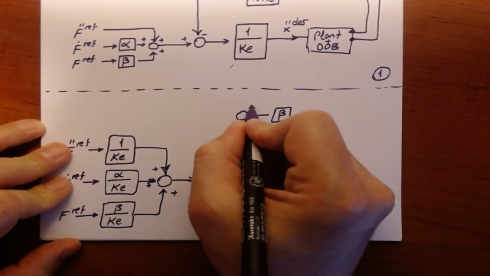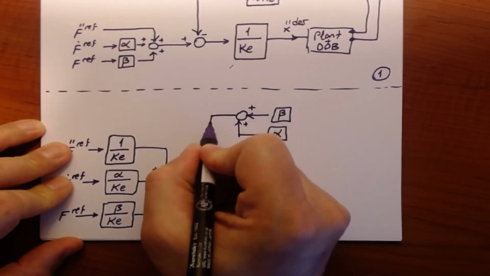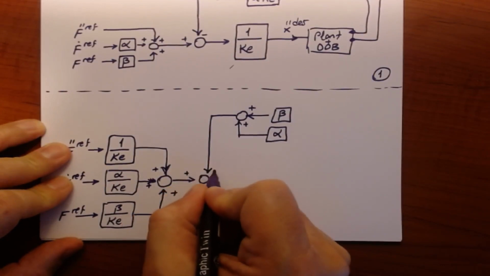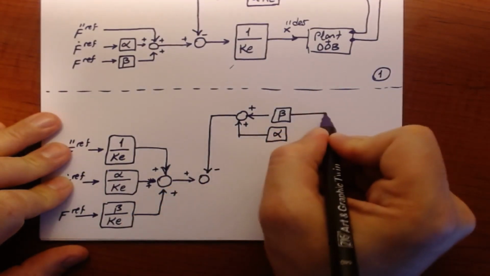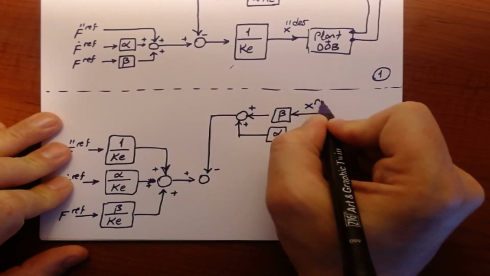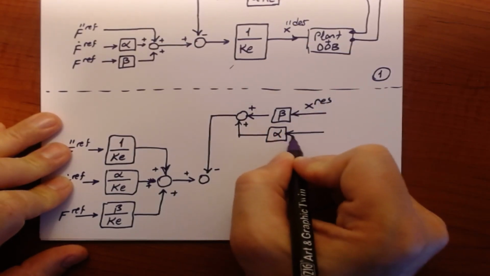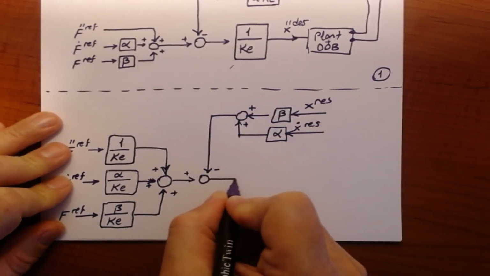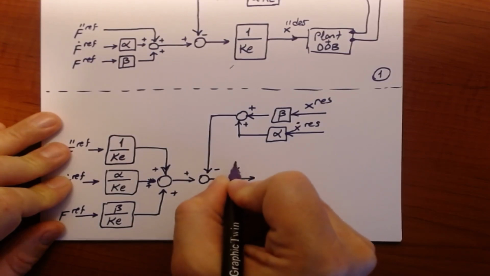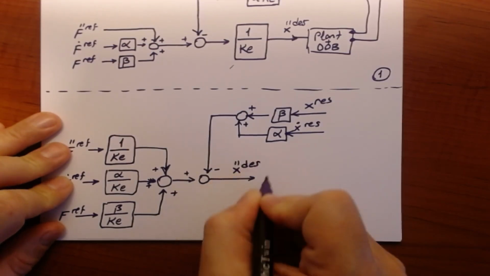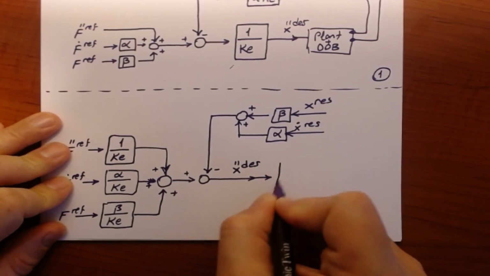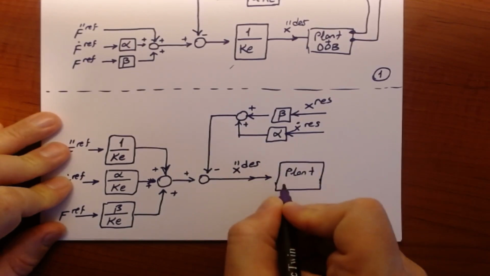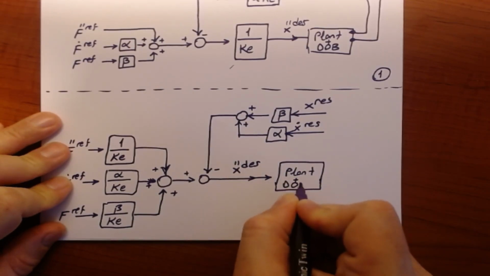So we will add these signals, and these signals will come here as a negative feedback, and of course you have here X response and X dot response. All together, this gives us the desired acceleration, which can easily be inserted on the plant with a disturbance observer structure.